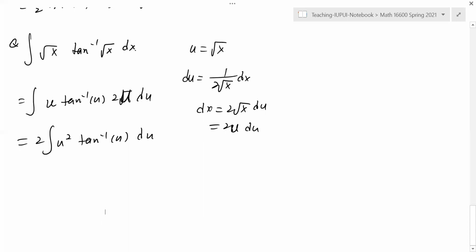The formula given is the integral of u to the power n times arctangent of u du. So n here is 2.